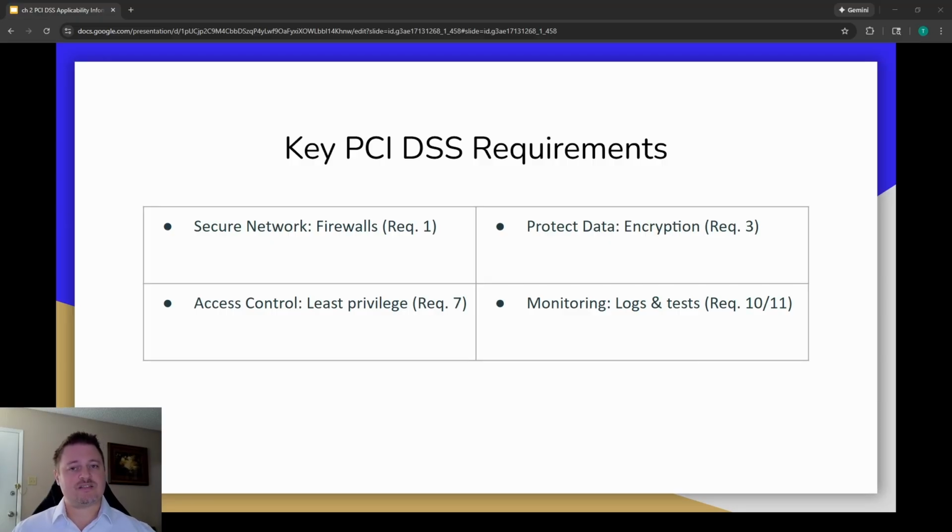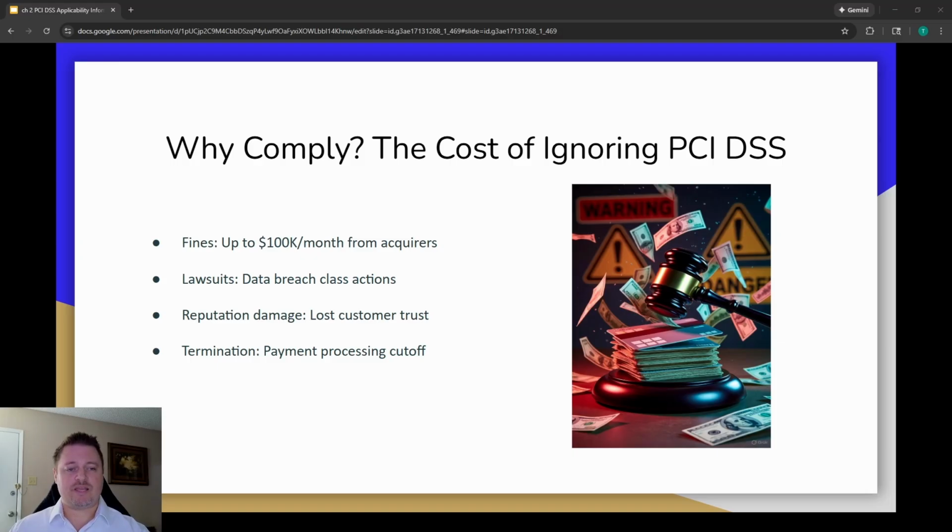Not everybody needs access to this data. Always monitor your logs and test on a regular basis to stay in compliance. Don't learn the hard way by getting fines and lawsuits, because that could end up giving you a bad reputation and even getting the ability to take credit card payments from customers taken away from you.